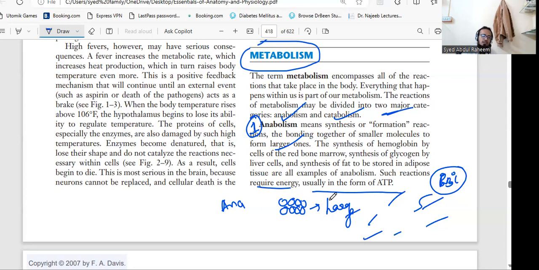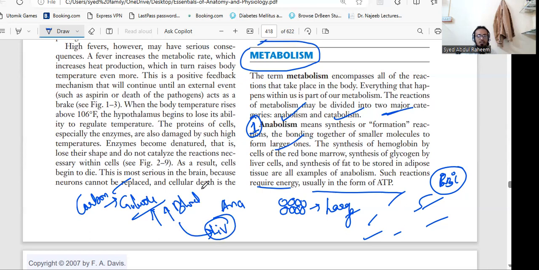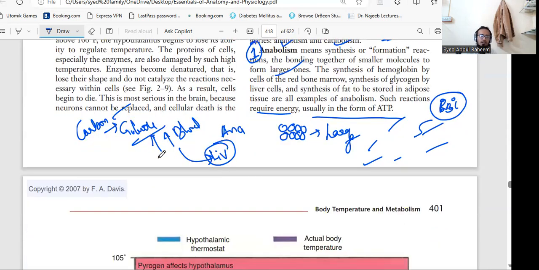And the second example is given. Whatever we eat, the carbohydrates, we call glucose. So if we are doing any work, the glucose is utilized, but the excess amount of glucose in the blood is stored in the liver. Okay, they are small molecules, but they have to be stored in the liver.